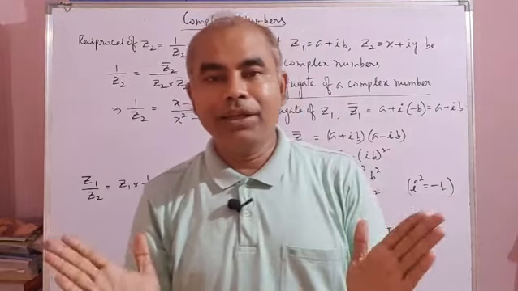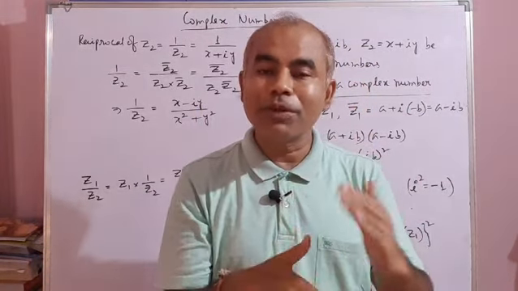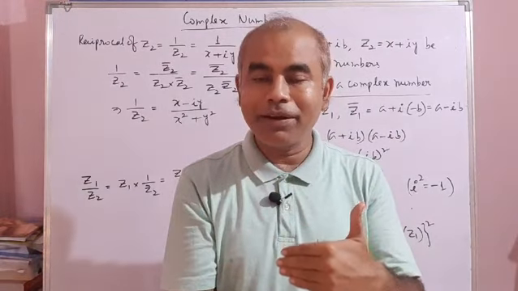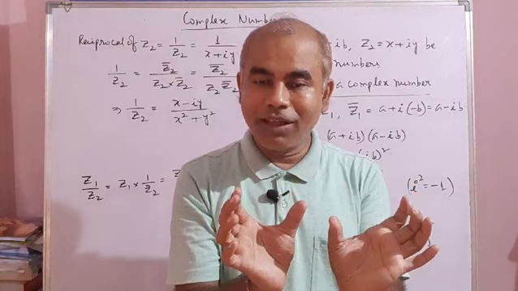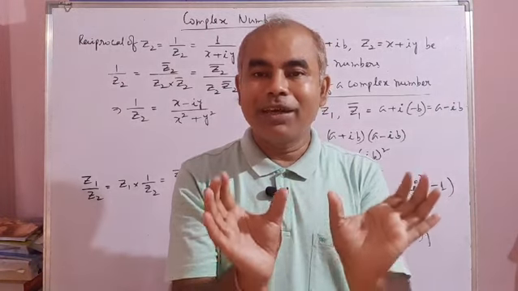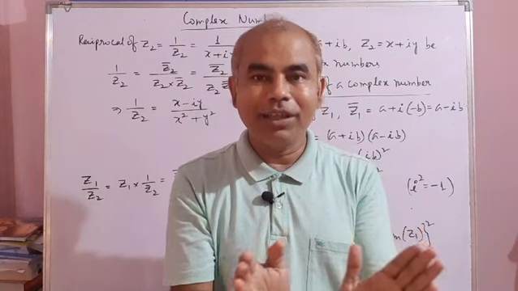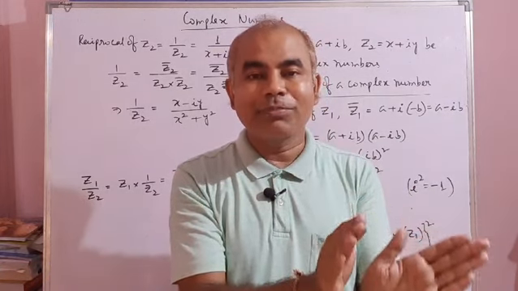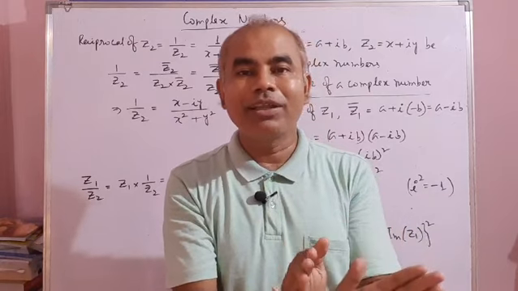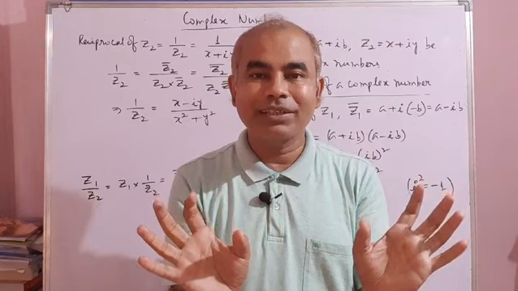So every real number is a complex number. Then if the real part is 0, it is called a purely imaginary complex number. After that, if there are two complex numbers and they are equal, then their corresponding real parts are equal and corresponding imaginary parts are equal. Conversely, if their corresponding real parts and imaginary parts are equal, then the complex numbers are said to be equal. That we discussed.